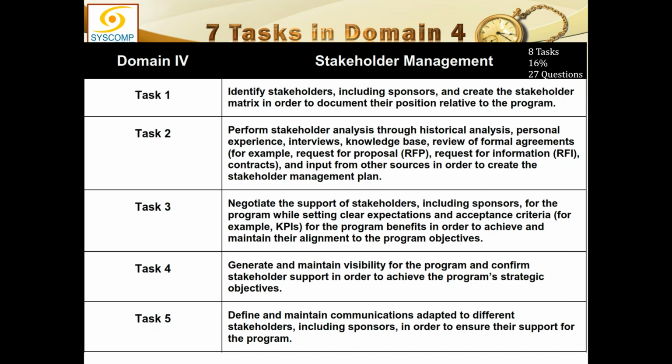Okay. You are actually talking about two separate matrices. RASI is something which is used for later communication with the stakeholders. But what you are talking about is a power interest grid. Yeah, that is the matrix I'm talking about.